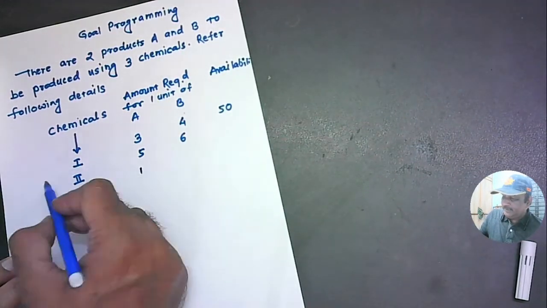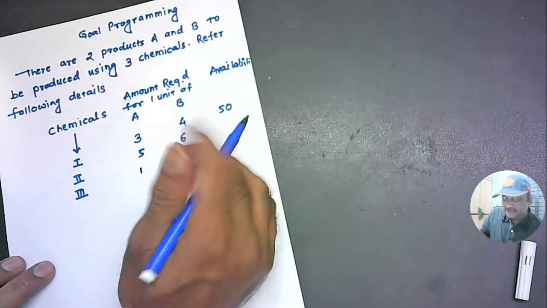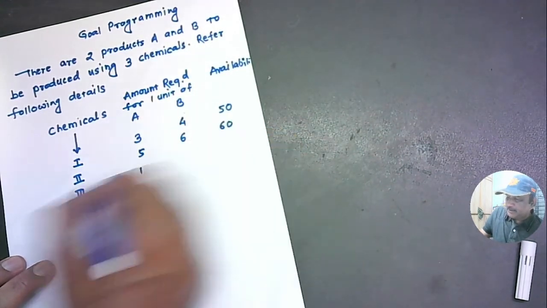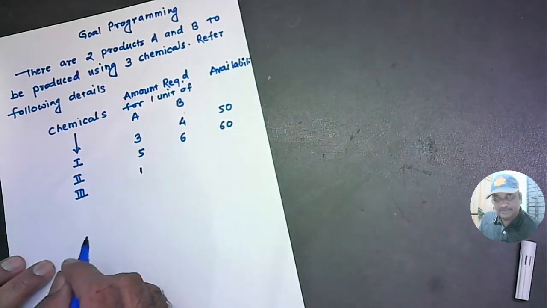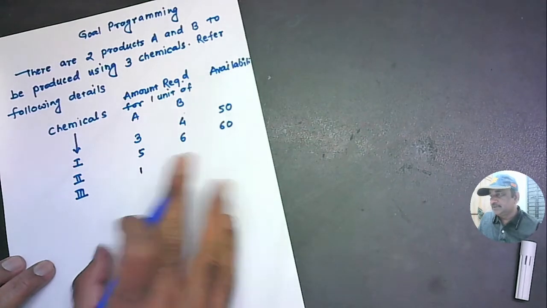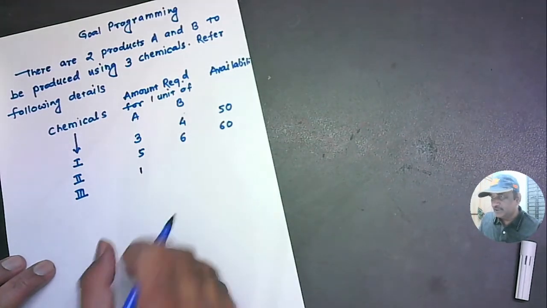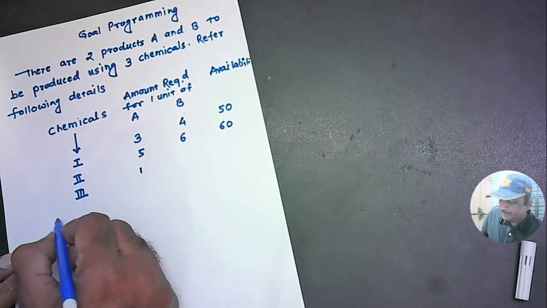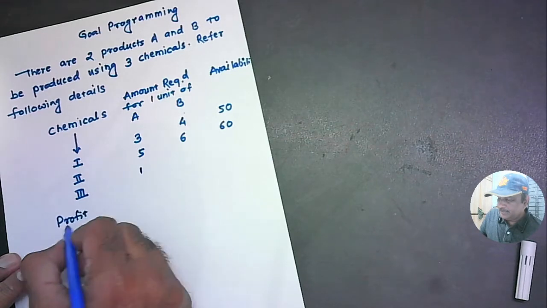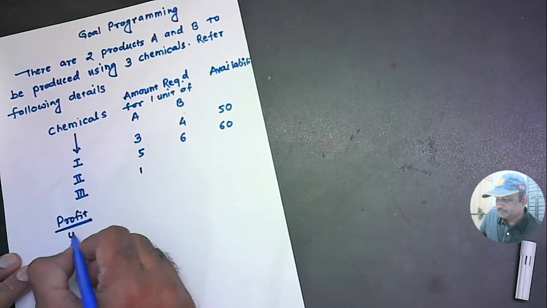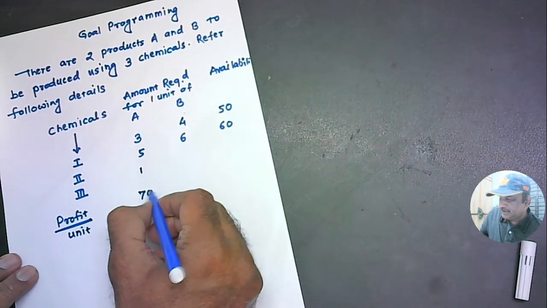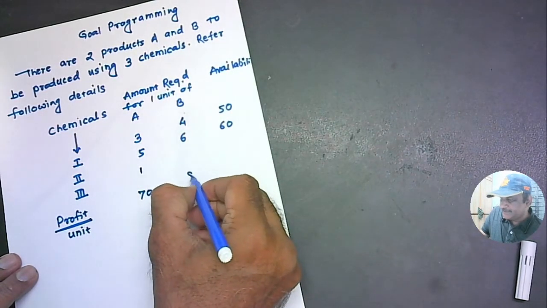Now, availability of chemical 1 is 50 in a certain period, 60 units of chemical 2 are available, and about chemical 3 nothing is mentioned right now. And the profit per unit for product A is rupees 70 and product B is rupees 80.